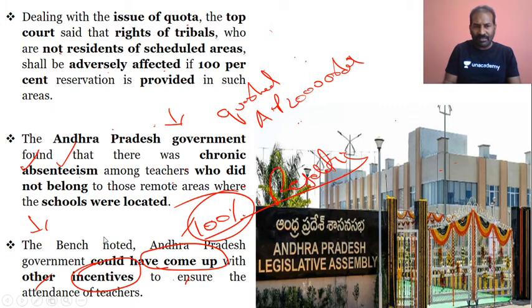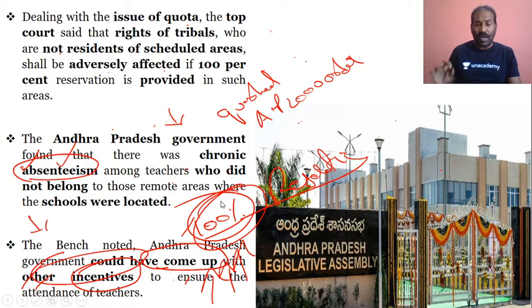They said if the absenteeism is the only cause, then you should have gone ahead with various other incentive methods. You should have come up to make sure that the attendance of the teachers increases. So they say that you have alternatives, not 100% reservation is appropriate. Please understand my point.